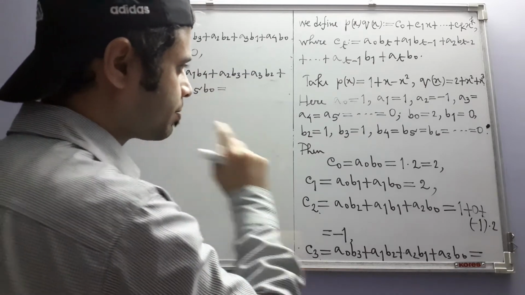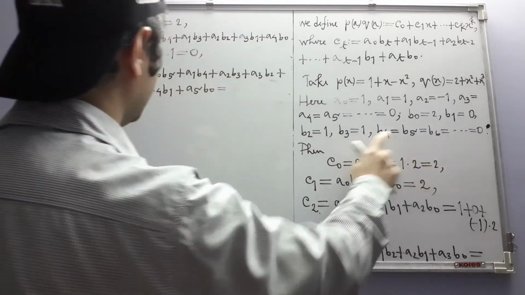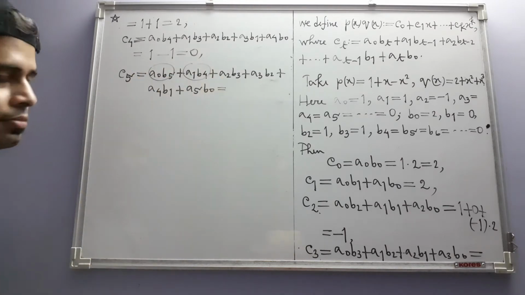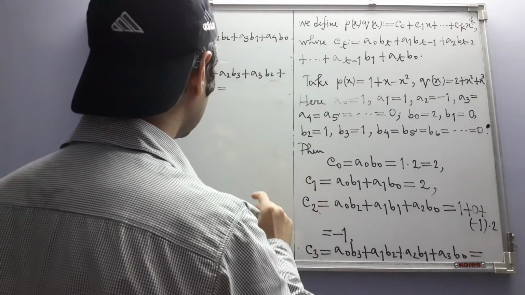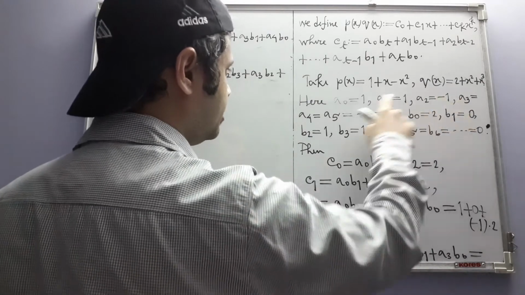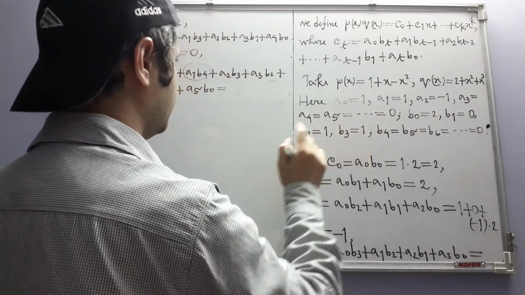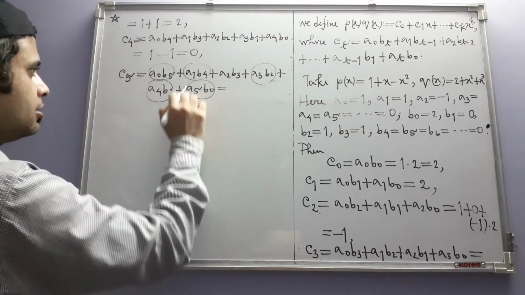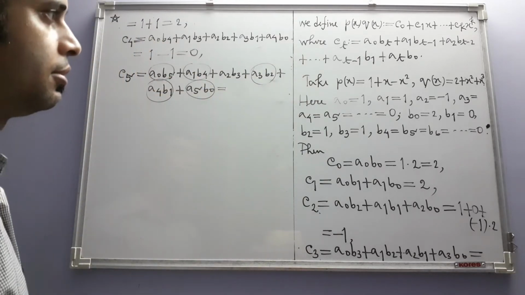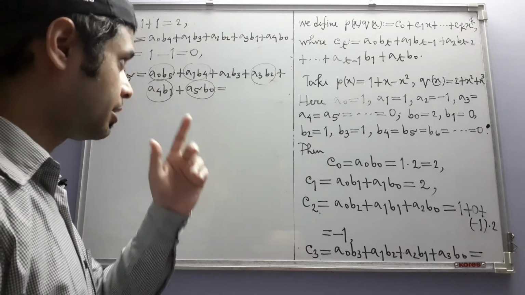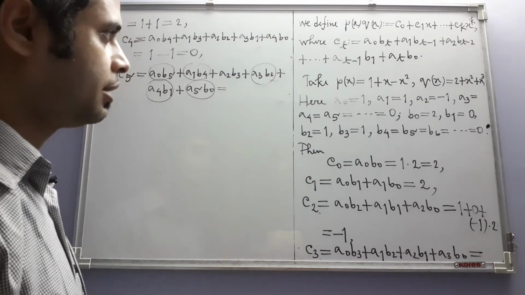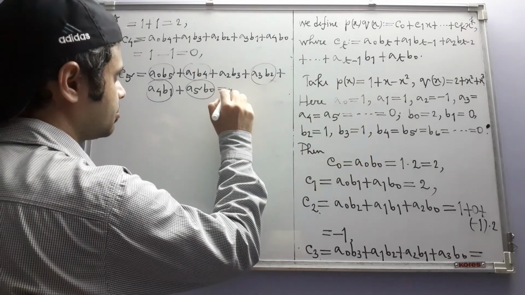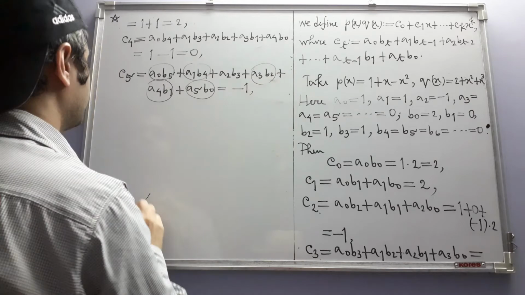Why? B4, B5 are 0, so the first two terms are 0. Just like that, A3, A4 and A5 are 0. So this one and this one are also 0. And we only have to look at A2, B3. A2 is minus 1 and B3 is 1. So this is minus 1.